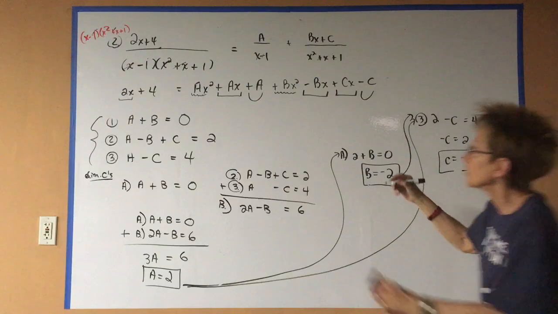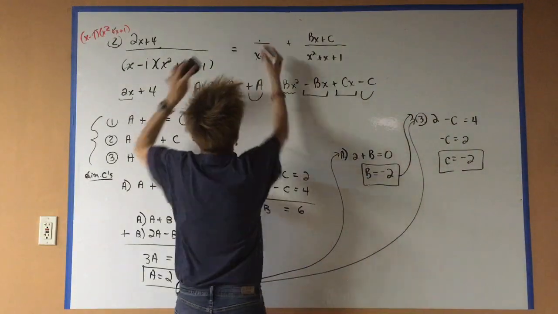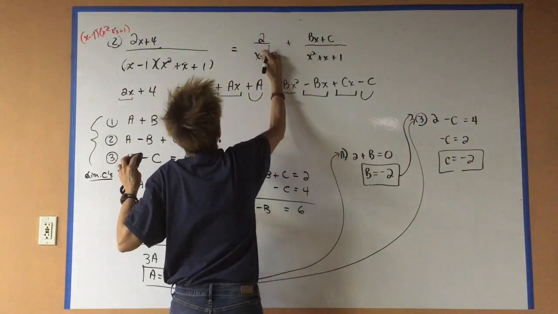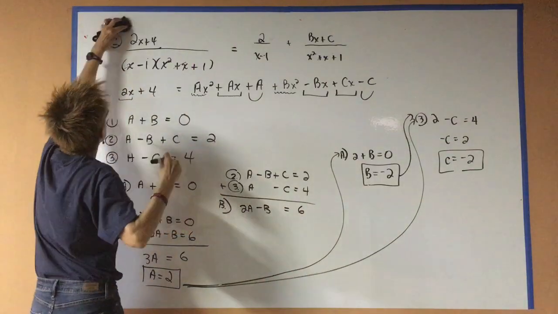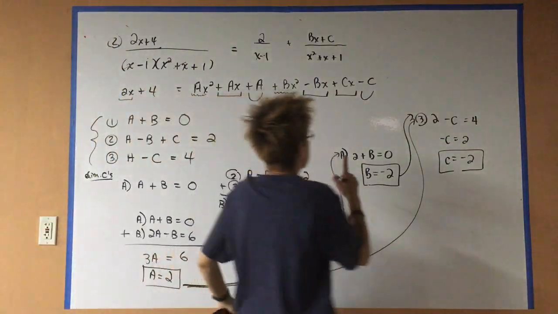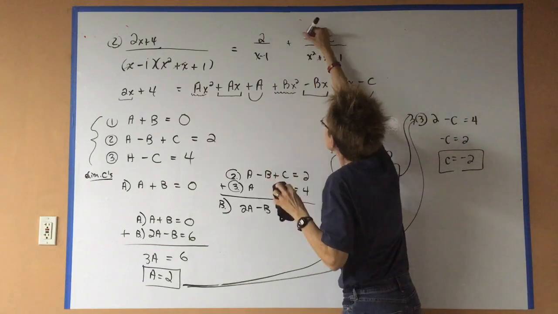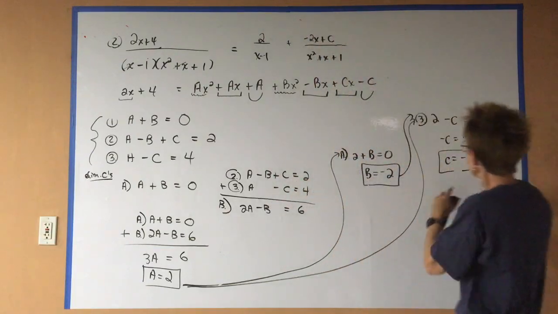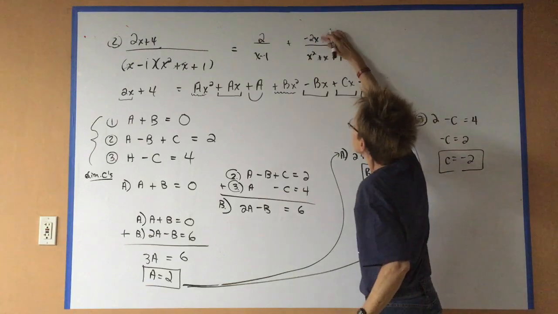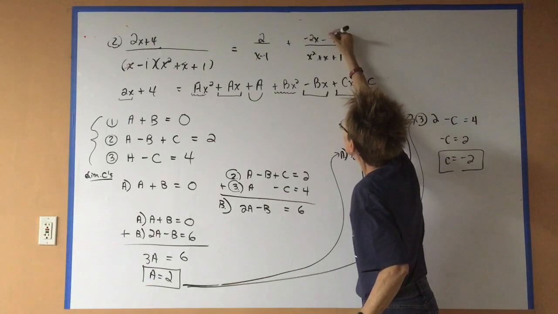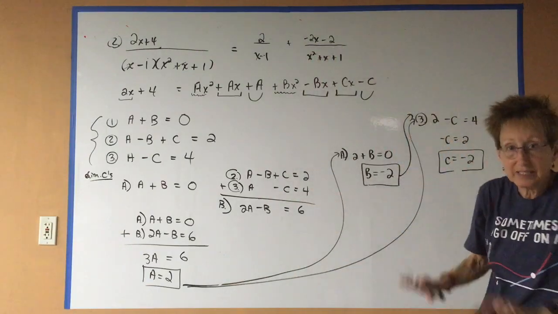So we said A is 2, so this is going to be 2 over x minus 1. And then bx plus c, where b is negative 2, so negative 2x, and then c is negative 2, so minus 2. So we just plug the values back in and you're done.